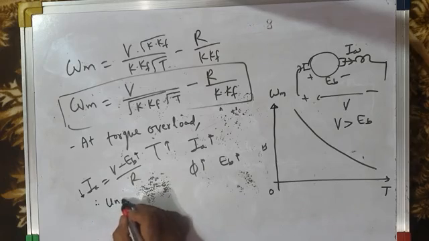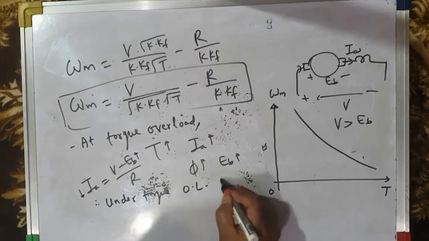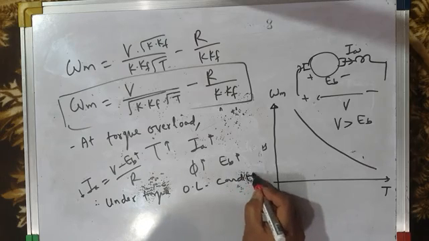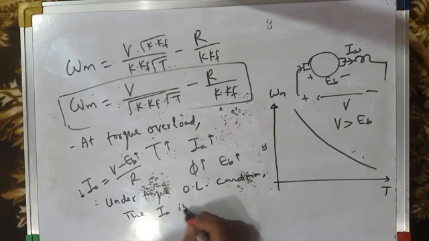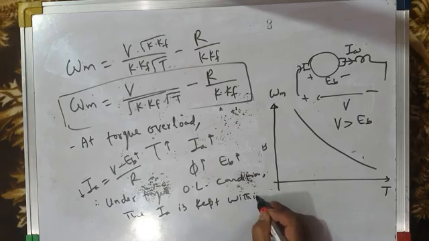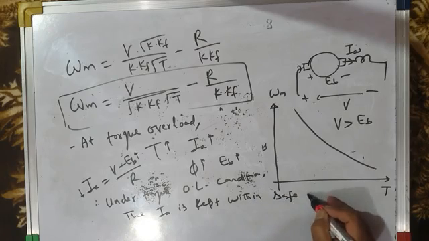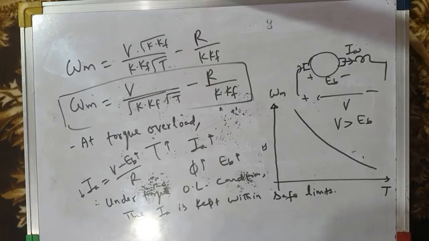Therefore, under torque overload conditions, the armature current IA is kept within safe limits.